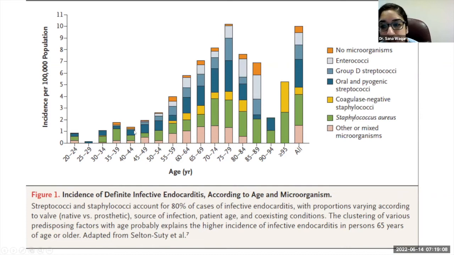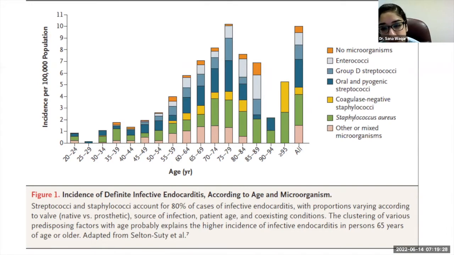So what you see is when patients are younger, the bulk of the infections are caused by very virulent organisms such as Staph aureus. The thought process is that when patients are younger, hopefully they don't have that much valvular wear and tear or degenerative valvular disease.